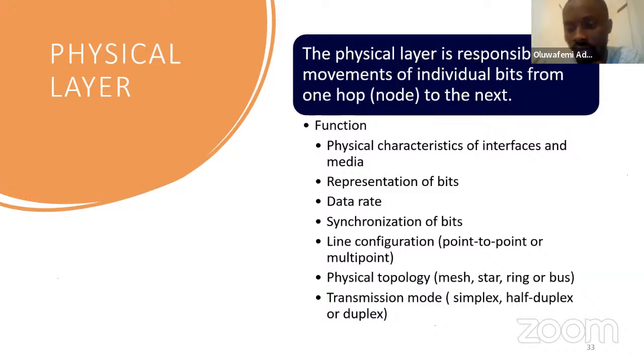But that's the difference between simplex and half duplex. The difference between half duplex and full duplex is that for full duplex, you can send and receive at the same time. When I send data to someone, I can receive from that person at the same time. So the difference is speed. Do you understand? It's speed.